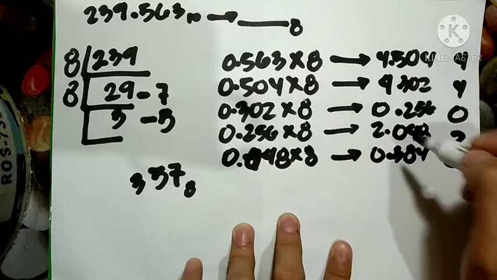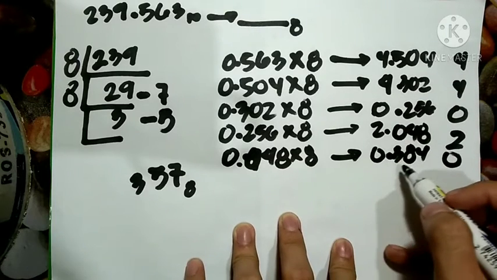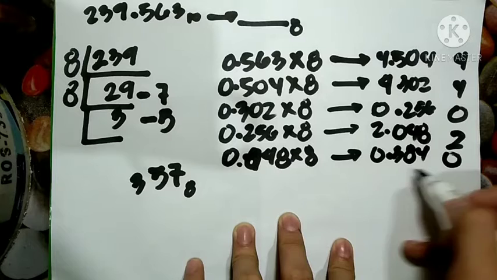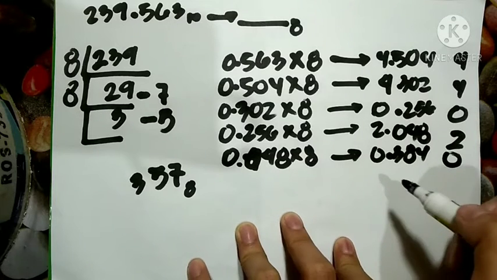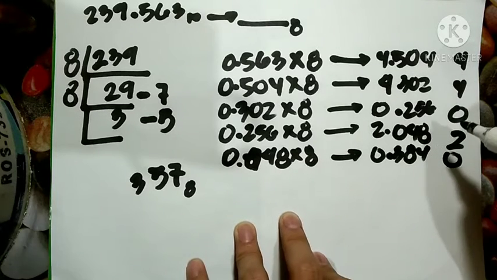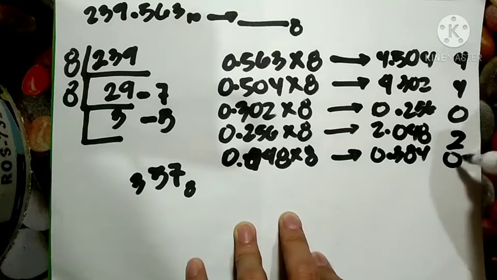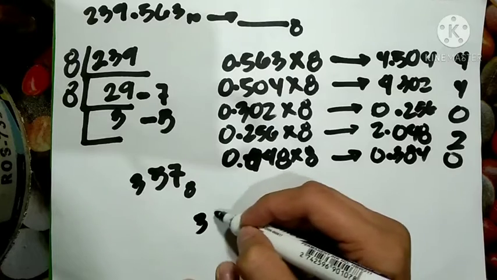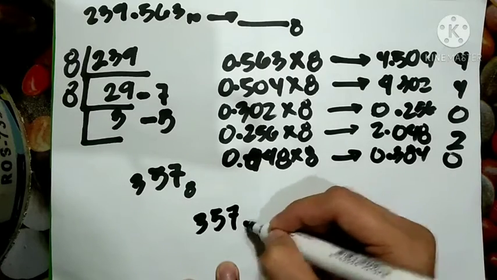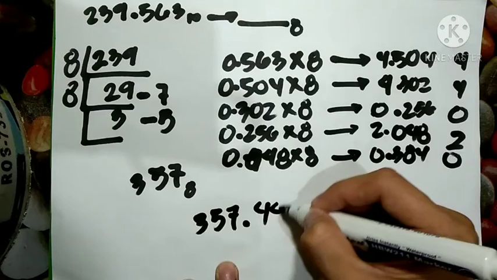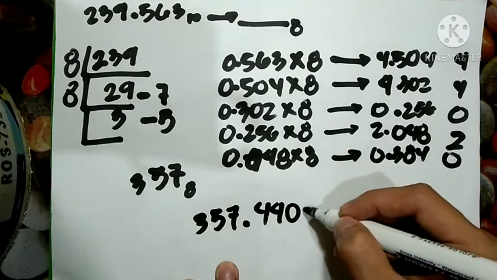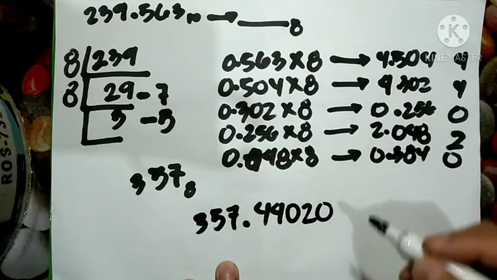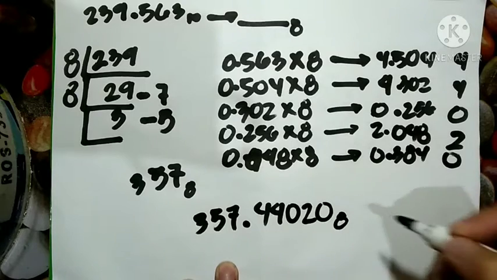It is fine because we couldn't get the 0 and it will be never ending if we try to compute for it. Then let's write an answer from top to bottom. Then our answer will be 357.44020 base 8.